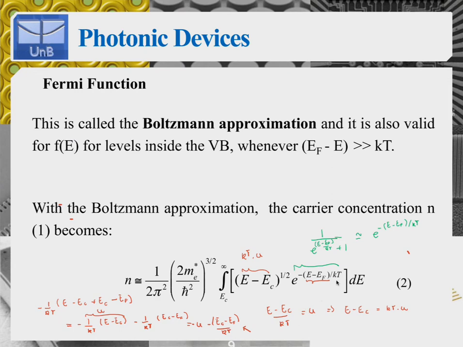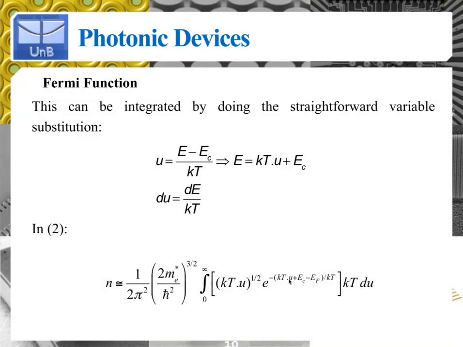So this guy right here will be the new exponent for the E. And also, by taking the derivative, we will find that dU is equal to dE over KT. So by just taking the derivative of this, therefore dE can be substituted by KT times dU.